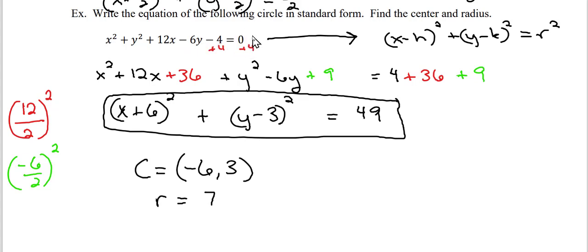That will still get me to be able to be in this form. But those coefficients have to be the same. You can't have a 2 on the x squared and a 3 on the y squared. You won't ever be able to get 1 here and here. If you have 2 on both, you can divide both sides of the equation by 2 and get to that form. We'll see what happens if the coefficients on x squared and y squared are both different.